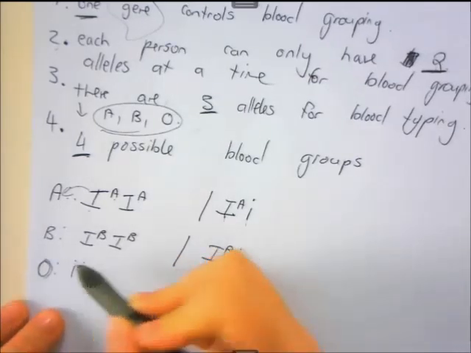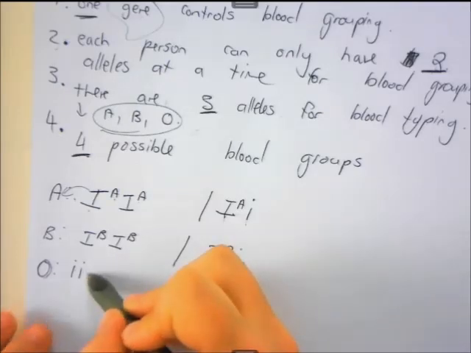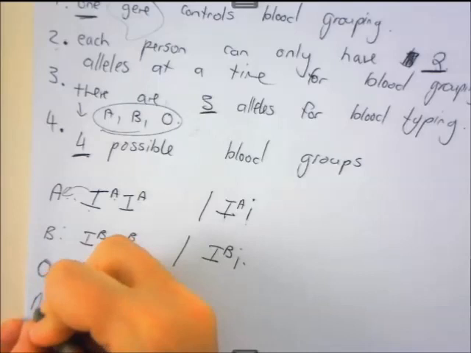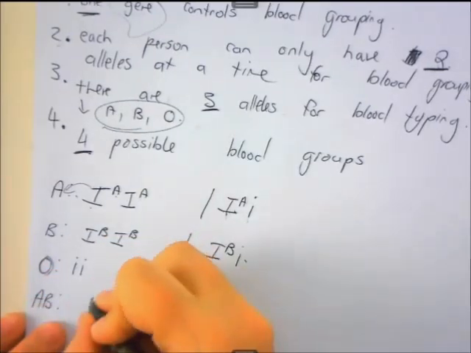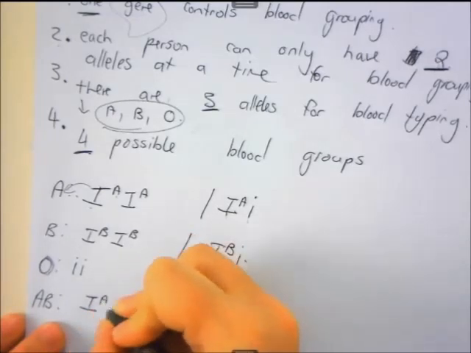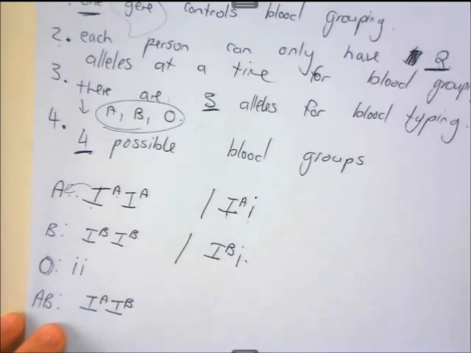I'm going to explain to you in a moment why we only need to use a lowercase letter when writing this blood group. And then the 4th blood type that we get is blood group AB, which means you have 1 allele which codes for A, and you have 1 allele which codes for B.